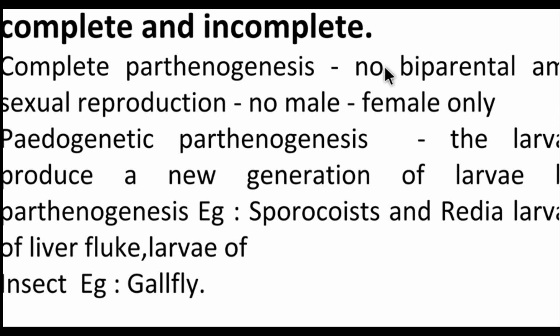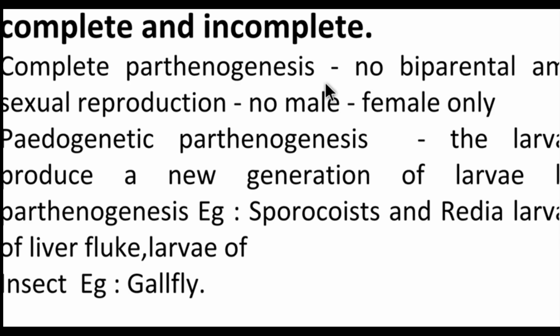Natural parthenogenesis may be divided into complete and incomplete. In complete parthenogenesis, there is no biparental sexual reproduction. It is the only form of reproduction in certain animals and there is no male involved, so such individuals are represented by females.